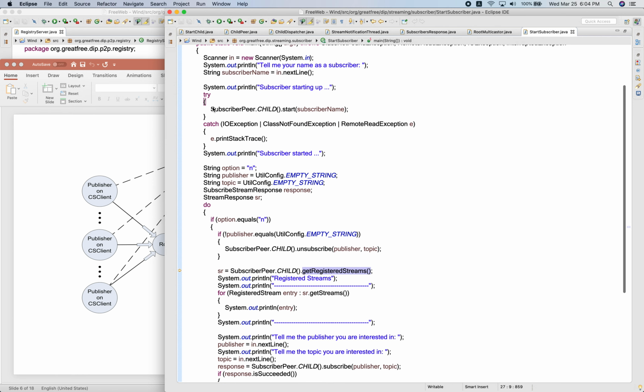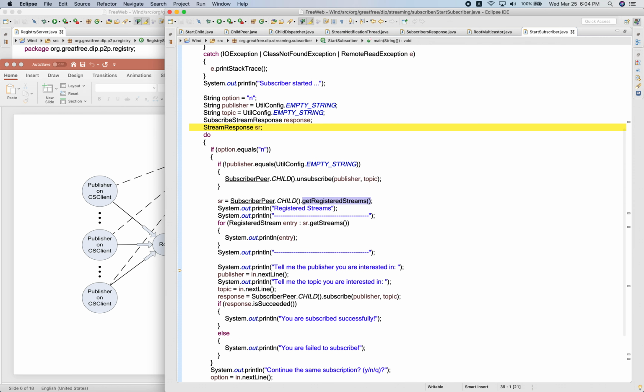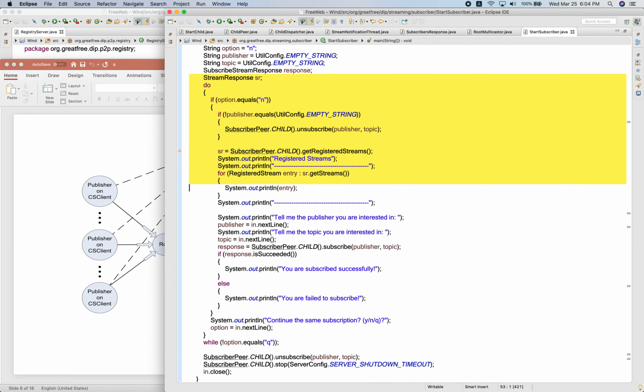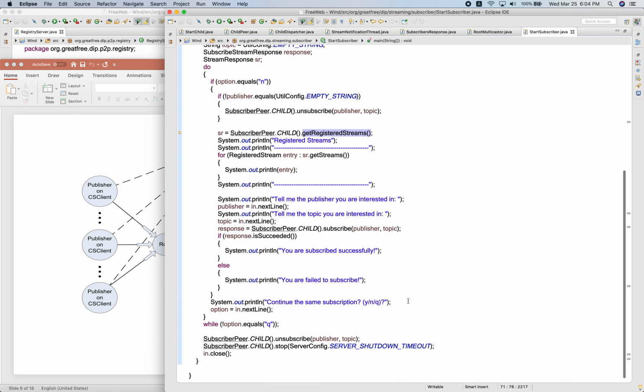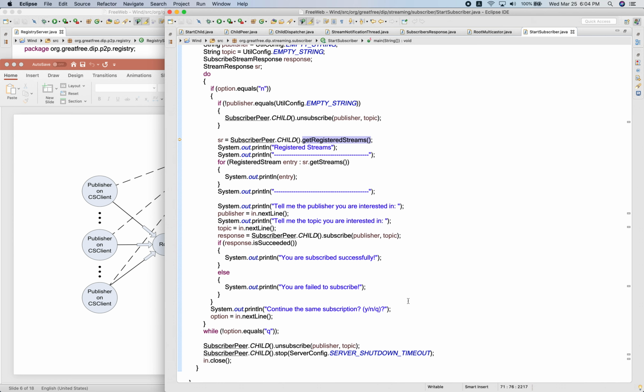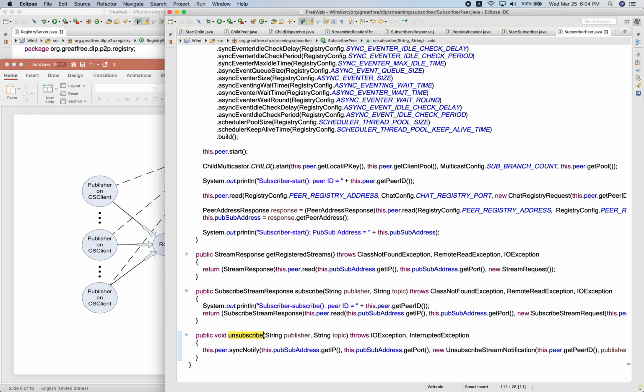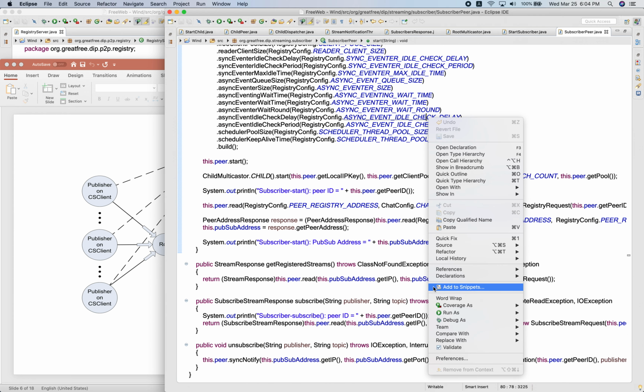This peer is started here. This code is easy, right? This is just the interface, some interaction interface in the terminal, so we do not need to care about this code. It's easy to understand. Okay, let's open this code. This code is the most important one for the subscriber.